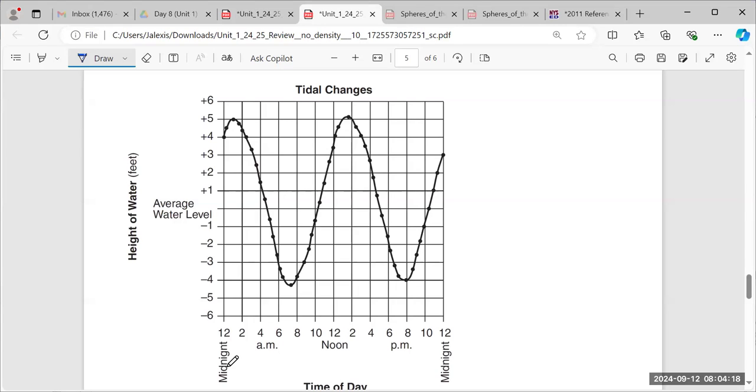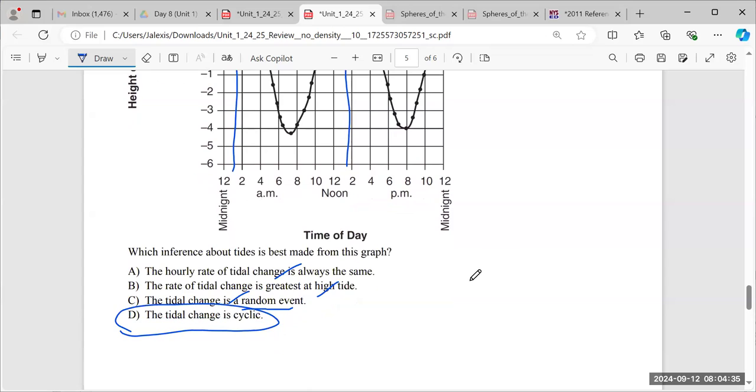The peak occurs between 12 and 2. When I look between 12 and 2 again, it looks like the peak occurs again. So there's a similar pattern that takes place. When we're seeing a pattern for an environmental change, that means that it has a cyclic relationship.